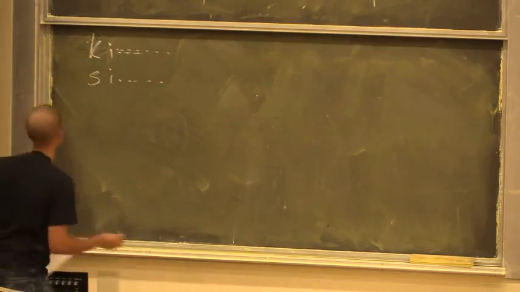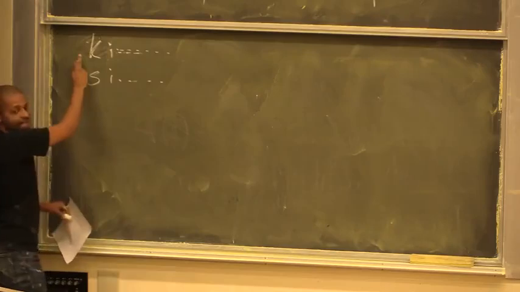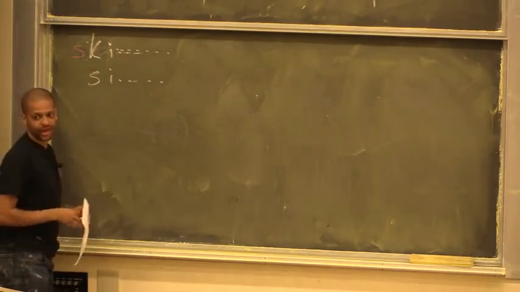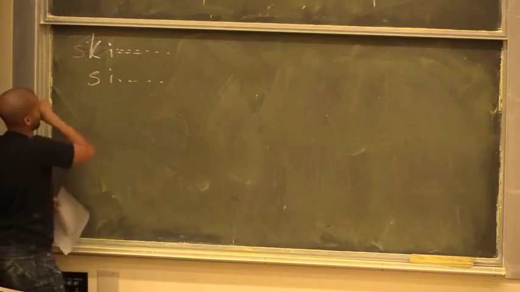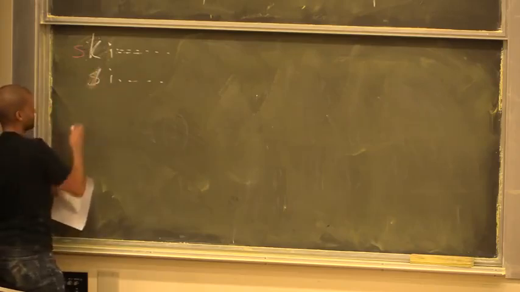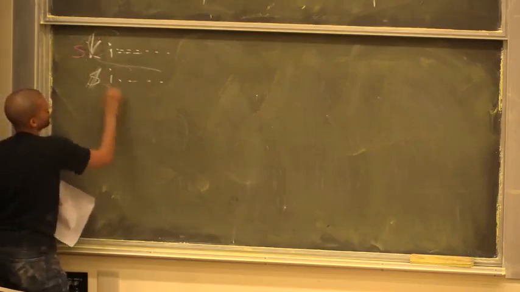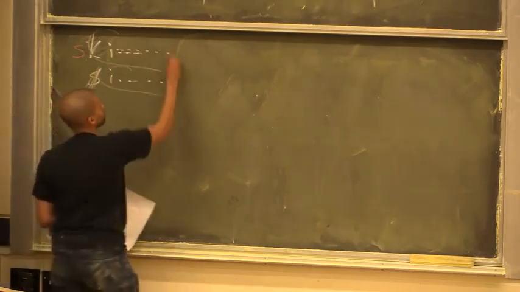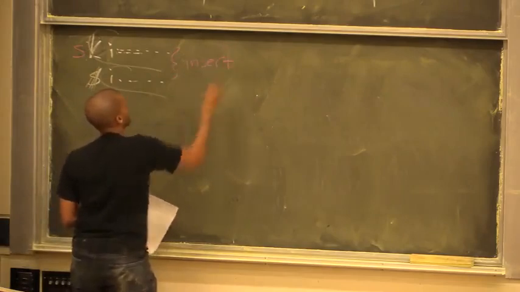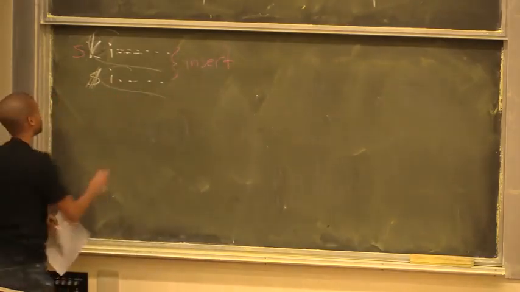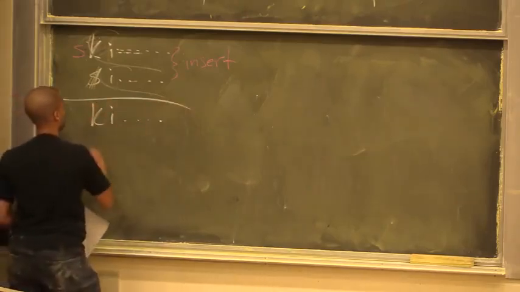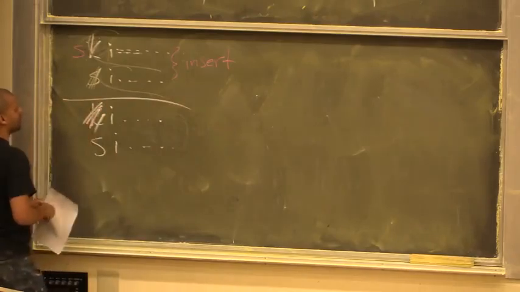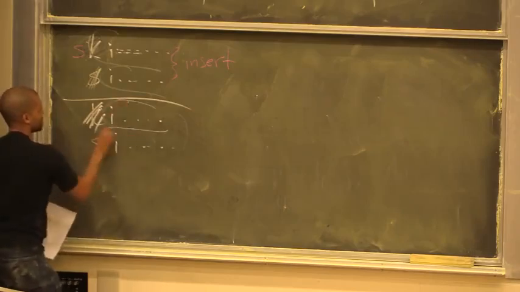One option is I can insert an S right here. That's one option, right? And then if I do that option, I recursively have to make these two things match. So this is insert. Another option I have is I can delete the K. If I delete the K, then I recursively have to make this match with this.